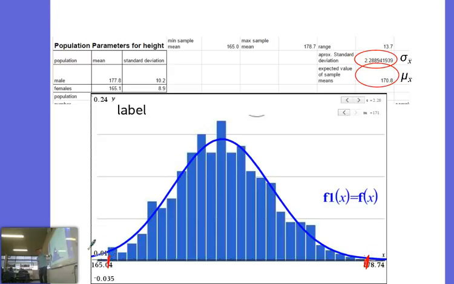Then we can work out the range. Your maximum is 178.7, the minimum is 165, so we get a range of 13.7. So if I go 13.7 divided by 6, I'm getting approximately 2.2. Does that make sense?